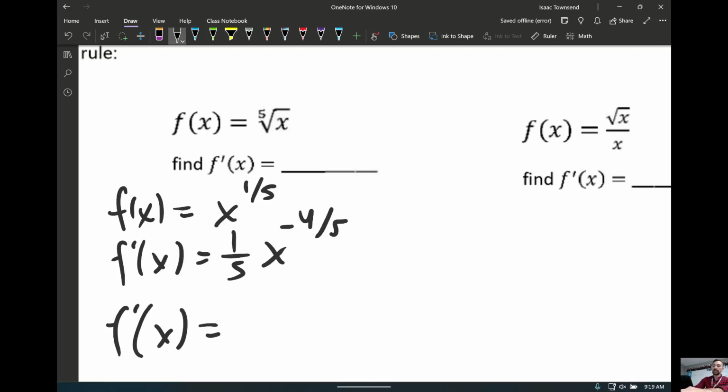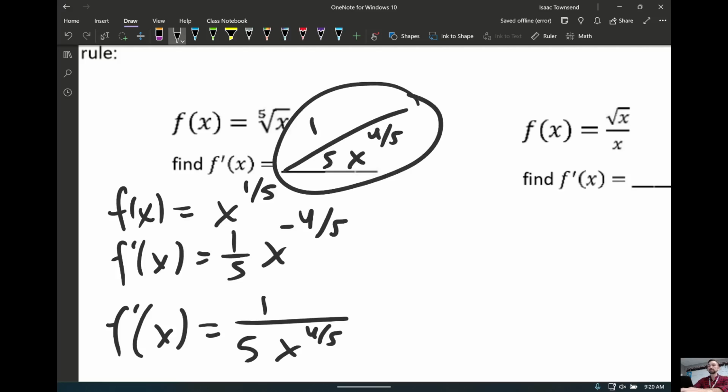If it has a negative 4/5 exponent in the numerator, that's the same as having a positive 4/5 exponent in the denominator. So the derivative, the calculus is not difficult here, but the algebra of exponent rules to rewrite your answer and knowing that roots like square roots and 5th roots can be written as exponents is still required.